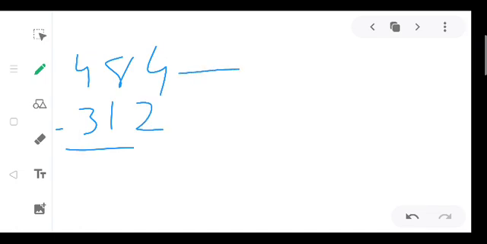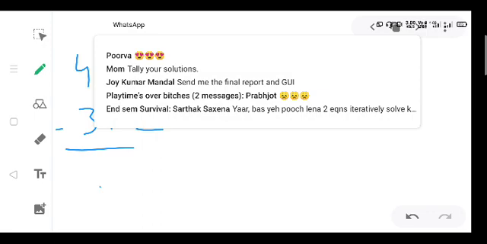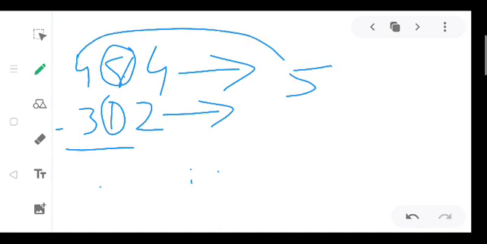We have to round off this to the nearest 100. We will check its tens place digit, which we will circle here. It is greater than 5, so it will become 500. 484 is closer to 500.